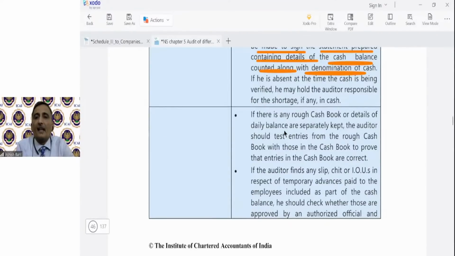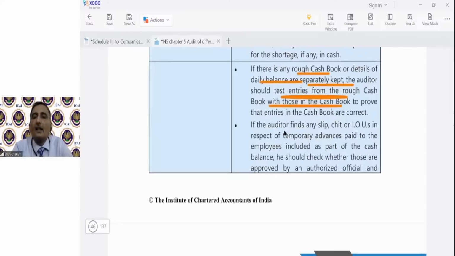So if there is any rough cash book or details of daily balances are separately kept, then test entries, a general point, you have to test check some entries. If the auditor finds any slip, chit or IOUs in respect of temporary advances paid to the employees, IOU means I owe you some money.